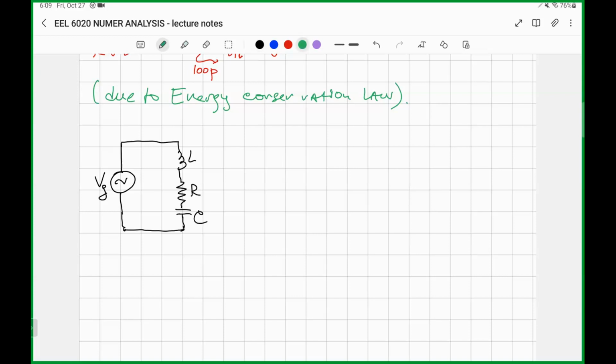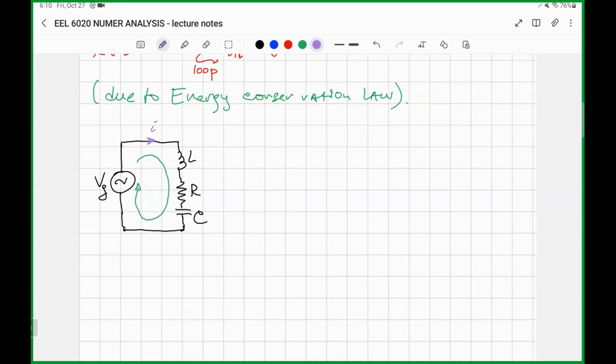So first, we have to define the closed loop in the circuit. This circuit consists of just one single loop, right? I also have to set a direction of the current. It is auxiliary; again, we can choose, we can set it in a different direction.